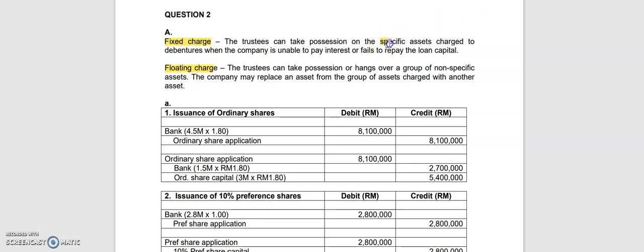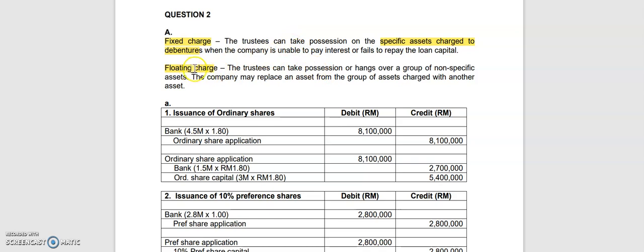The keyword here, you must put the point here, where there must be a specific asset to be charged. When you have identified the asset, the business later on cannot sell the asset. The asset must remain in the business as a guarantor for the loan. So if the loan cannot be repaid, then the trustees can take the possession of those assets.